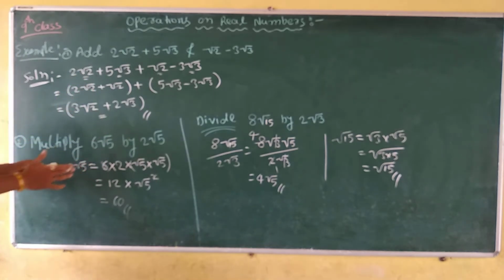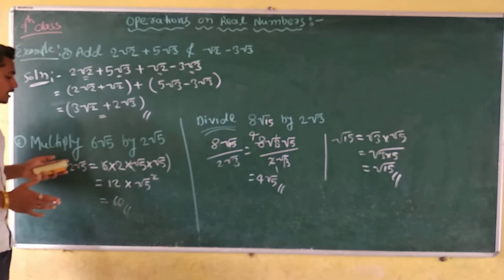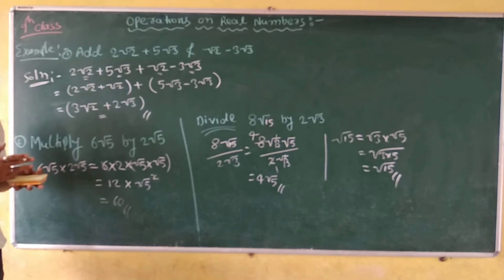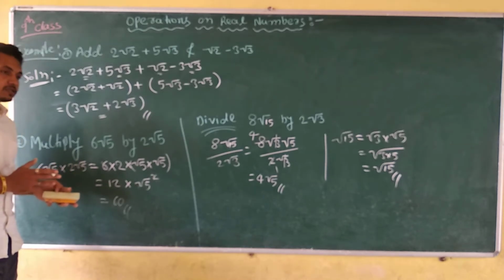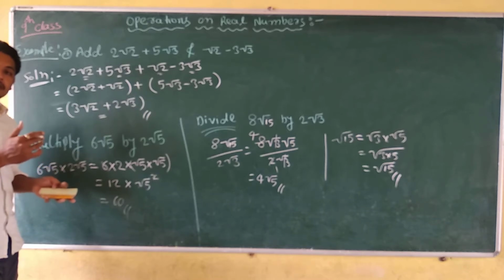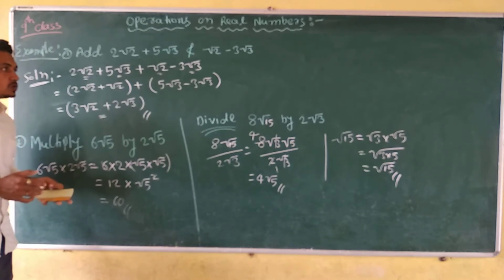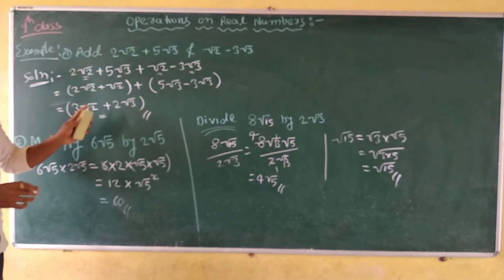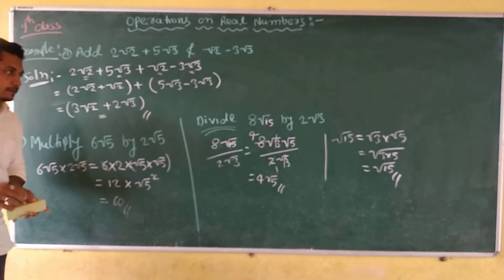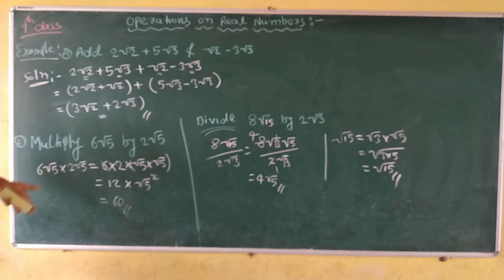But in the case of the multiplication with two irrational numbers, it may give rational numbers also or irrational numbers. So I have to give some statements on this operation of real numbers. We shall note down these statements.